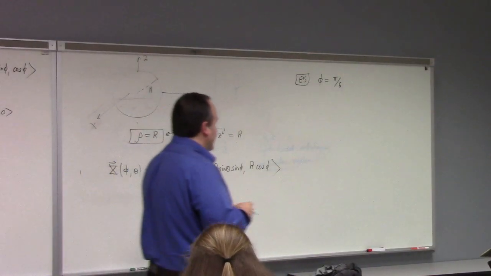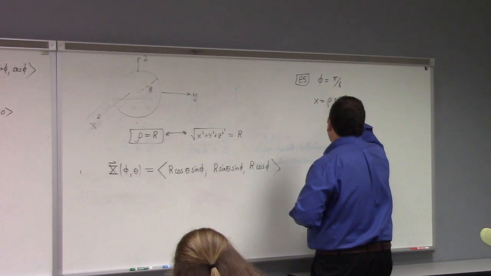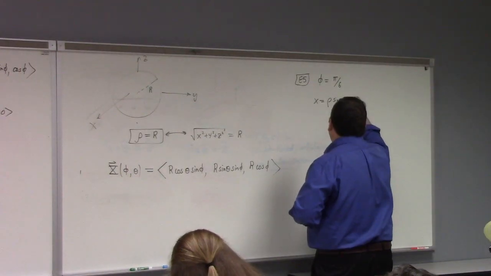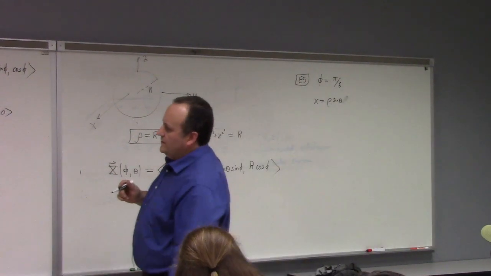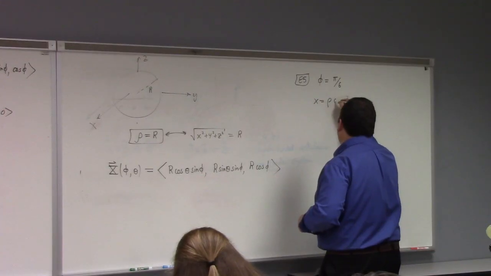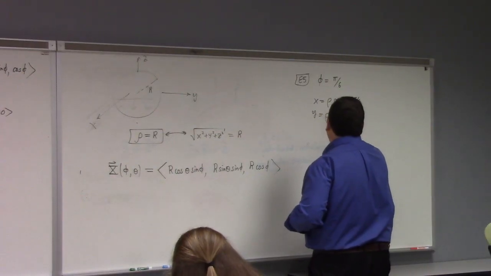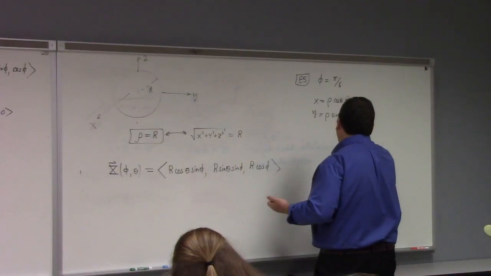I can write down the equations. We've got x equal to rho sine phi cosine theta, so sine of pi over 6 times cosine theta. Y is equal to rho sine pi over 6 sine theta.